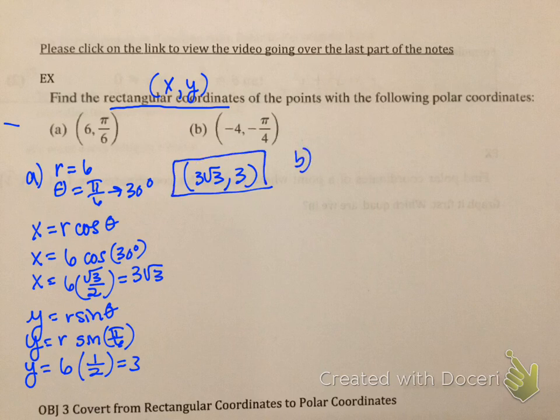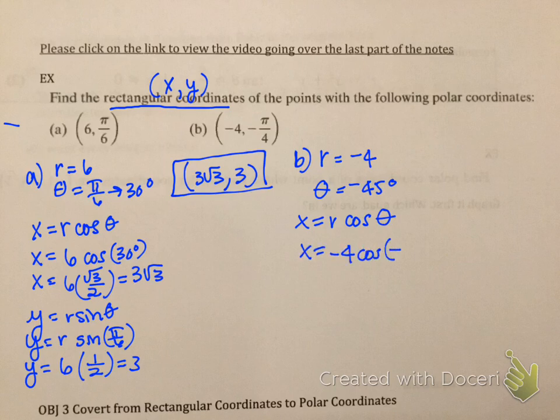Part B, we have -4, pi over 4. Okay, so let's go ahead and take care of this. The radius is -4, and theta is -45 degrees. So remember that x is given to us as r cosine theta. X is r, which is -4, times cosine at -45 degrees.